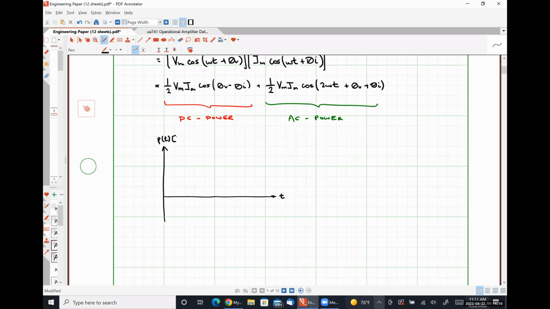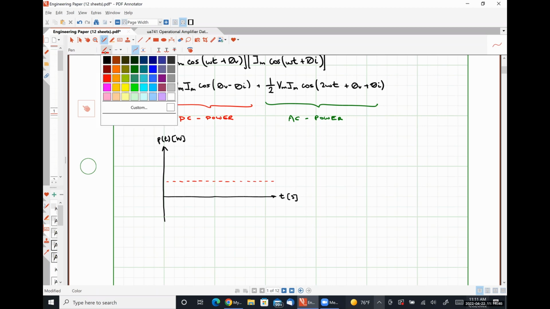Here's P of t measured in watts. Time in this case will be measured in seconds. And I'm going to say that our network is absorbing a positive amount of DC power. So I'm going to put that to be something like this. And then I'm going to superimpose that AC signal in green on top of this DC value.